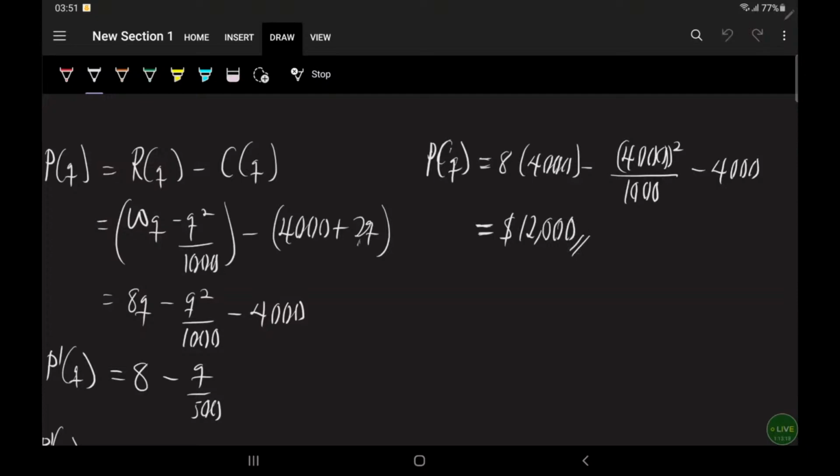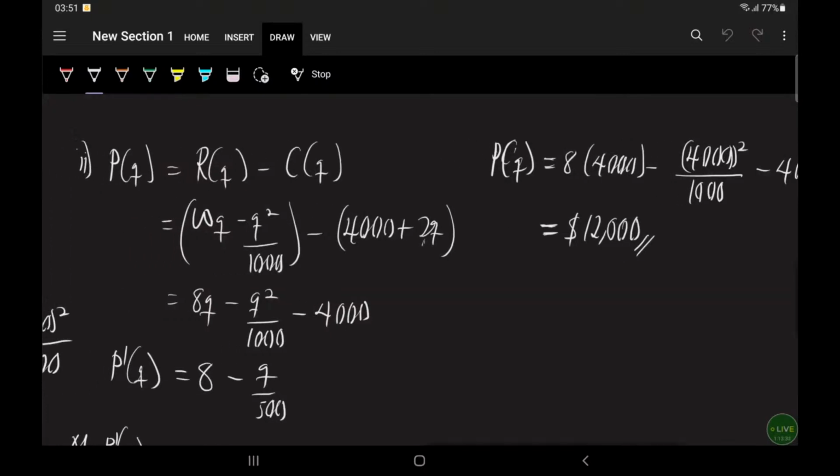So let's take note of that. You can also check with your calculator and see whether that is true. Even if that is not true, the principle is right, but I believe the answer is true. So you can also verify with your calculator. Let's take note of that.